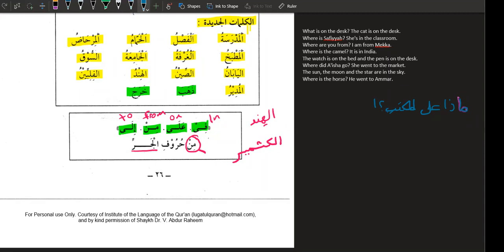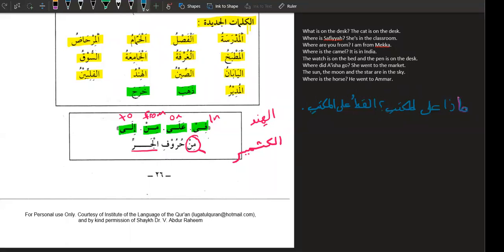So it would be the cat, القط. القط على المكتب.